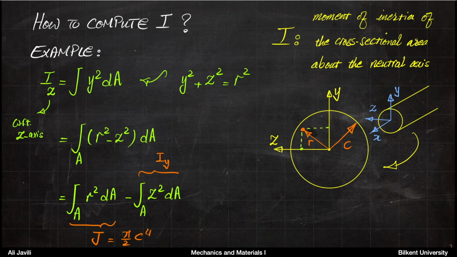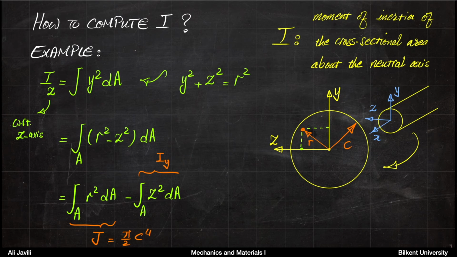Now if you look at these two integrals, the first one is familiar to us. This is exactly the polar moment of inertia J, which we have calculated before when we talked about torsion. So we know already what the first integral is. The second integral is basically the moment of inertia with respect to y as opposed to z.